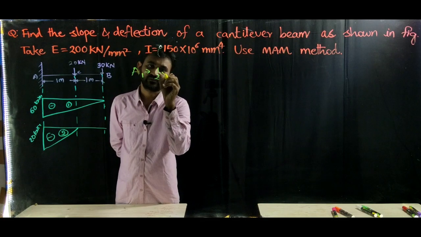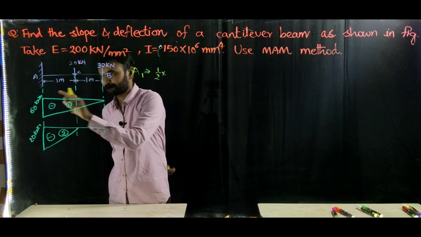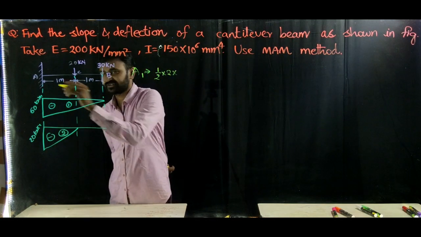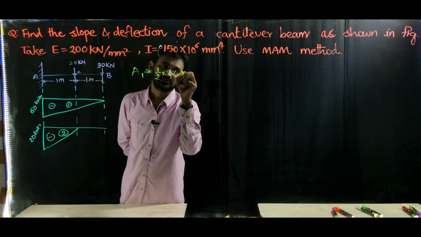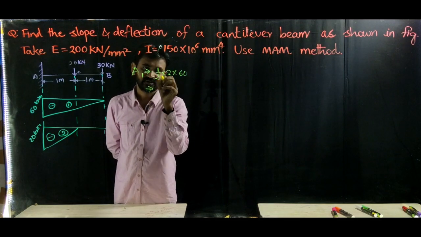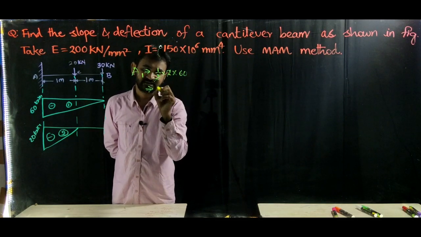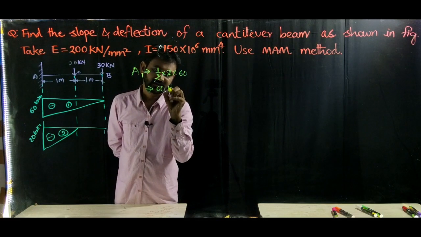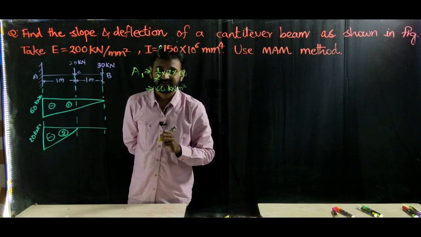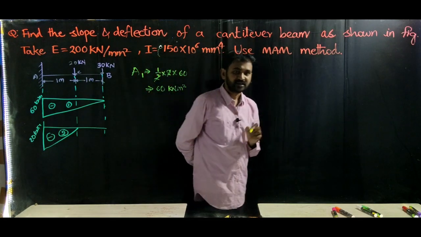So 1 by 2 into, what is the base here? 2 meters, into height 60 kilonewton meter. So the 2 gets cancelled, 60 kilonewton meter square is my A1.